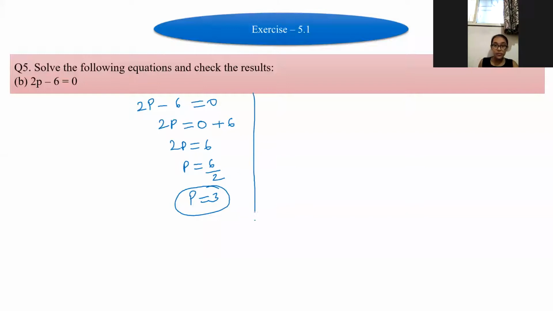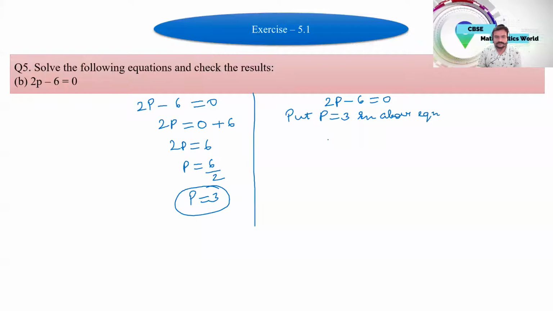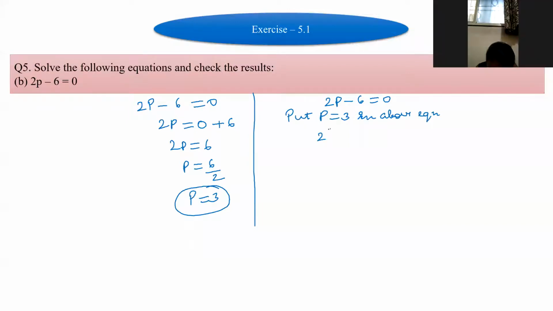Now we will write 2p minus 6 is equal to 0. Then put p is equal to 3 in the above equation. Correct. Then we will write 2 into 3 minus 6 is equal to 0.